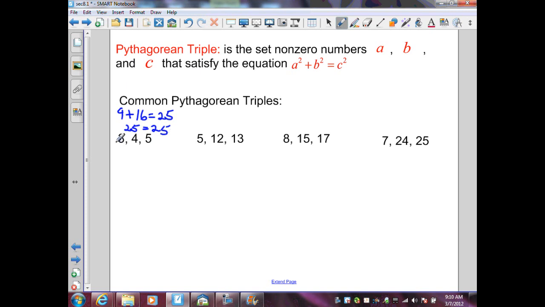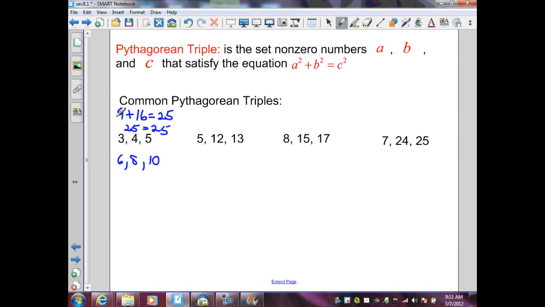But here I know that I have triples. In this instance, what I can do is multiply each set of these numbers by a common multiple, and that set of numbers is also a Pythagorean triple. For example, if I would multiply each of these numbers by 2, that would be 2 times 3, which is 6, 2 times 4, which is 8, and 2 times 5, which is 10.